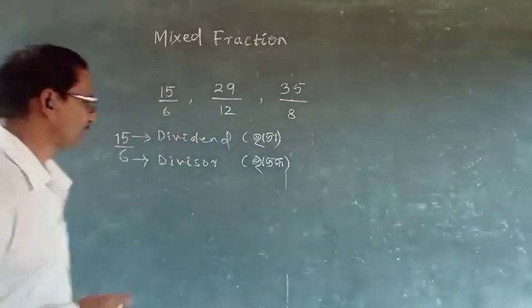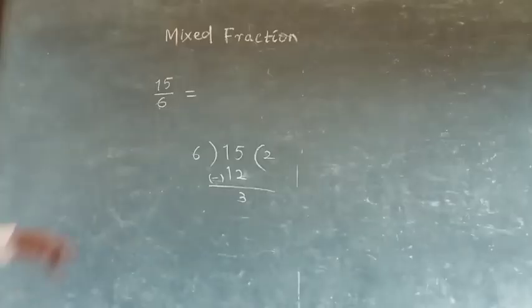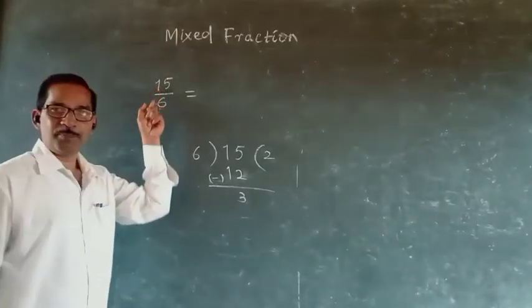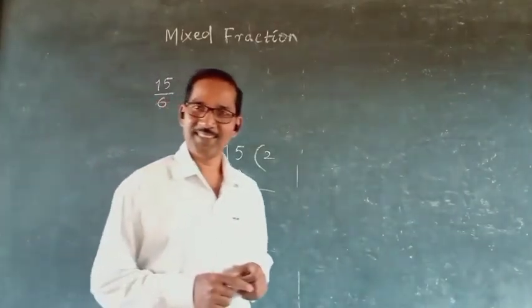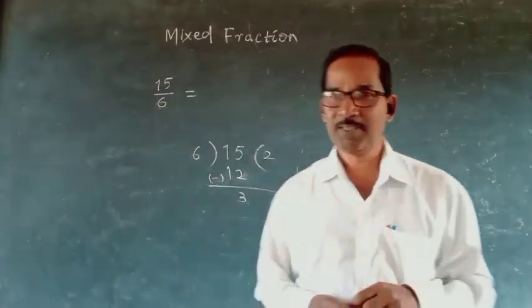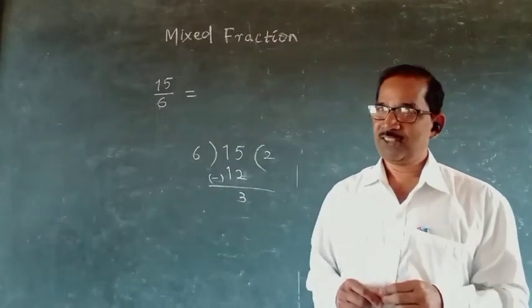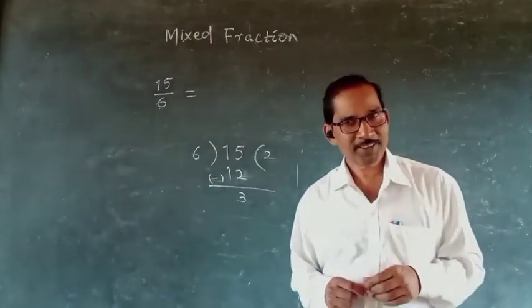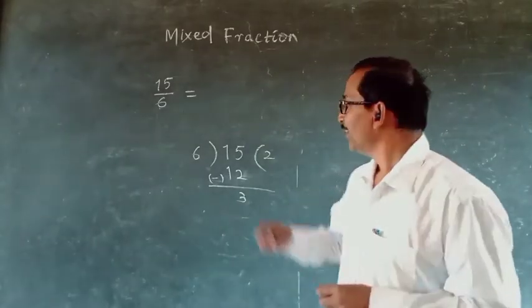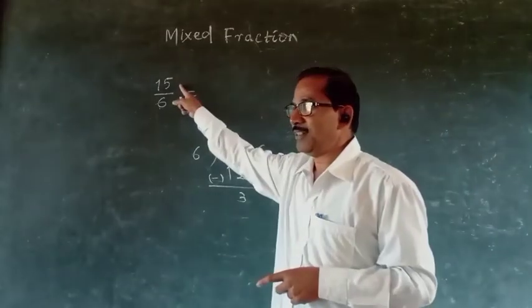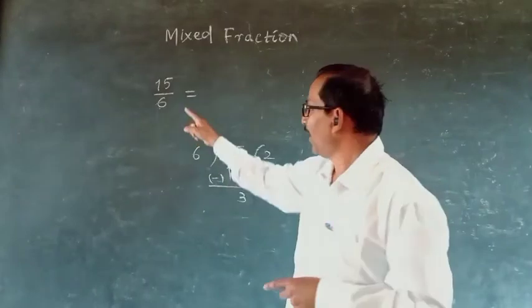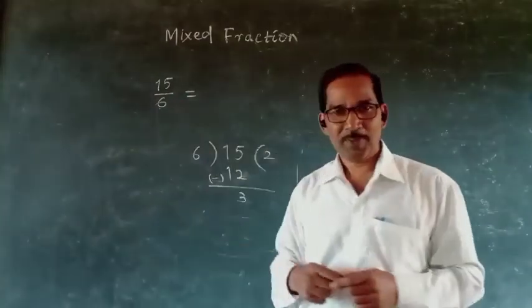Now let us see. So here we say 15 upon 6. 15 upon 6 is an improper fraction. Why is it an improper fraction? Because the numerator is a big number and the denominator is a small number.